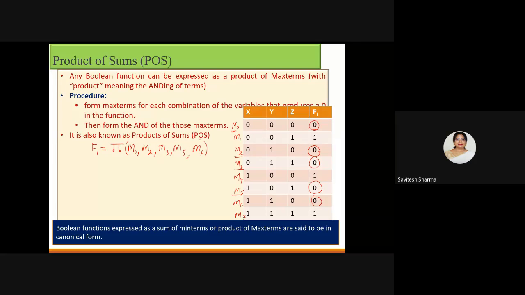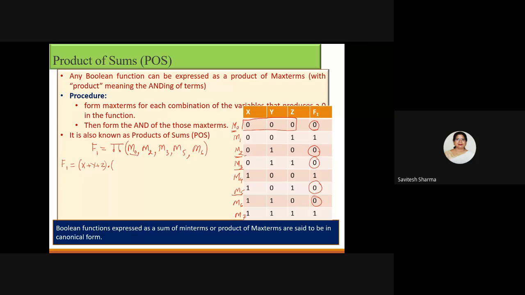Now come to writing the expression. How do you write the expression for M0? Remember that wherever a variable is 0, you write the true signal. So M0 is X plus Y plus Z. Then dot, and then the expression for M2.